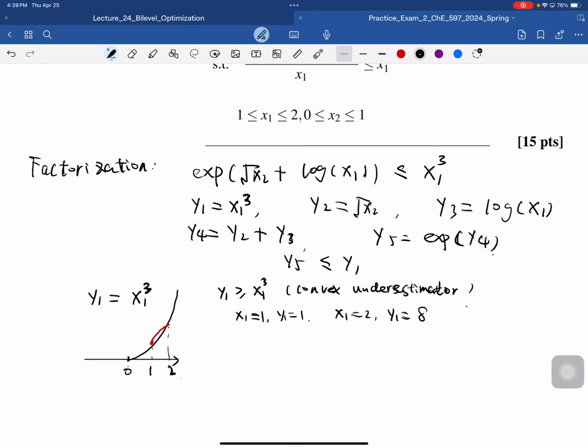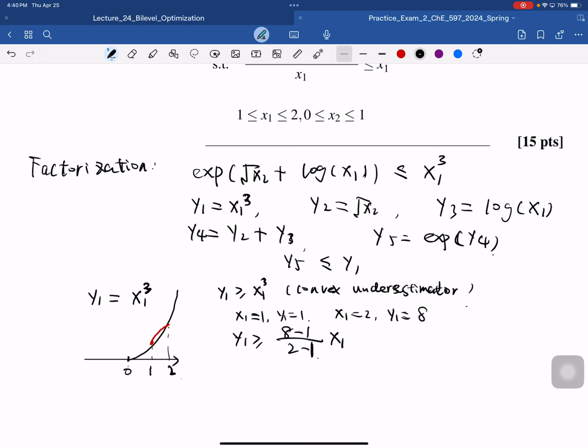So now you can draw this line here, and let me calculate real quick. The slope would be 8 minus 1 divided by 2 minus 1, times x1, and when x1 equals 1, this should equal 1.